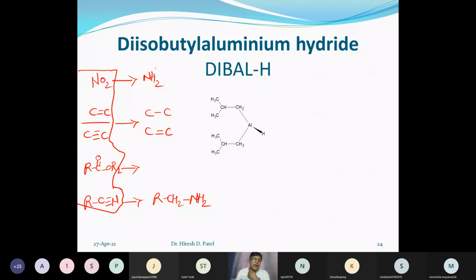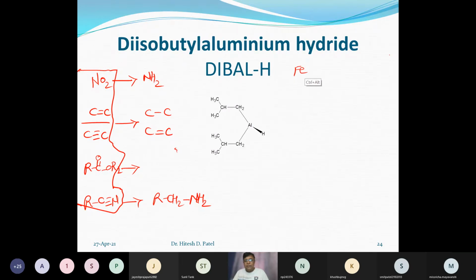Now here all groups we can convert into some other group by reduction. But different types of functional groups are present, and it means different types of reagents are also required. If you want to convert NO2 into NH2, what do we require?